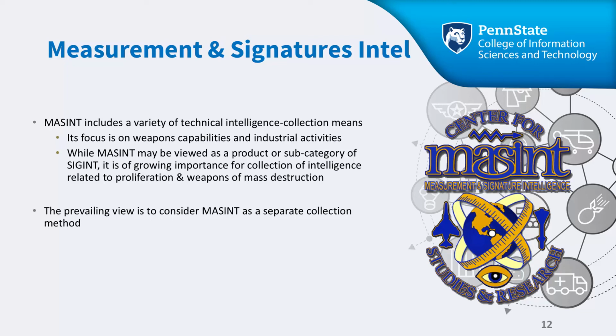So MASINT was used in the Cold War when fluids flowing out of a Soviet chemical plant were analyzed to try to determine whether they were making chemical weapons. Missile tests that cause disturbances in the atmosphere can be analyzed to see what type of missile is being fired and things like that. To a certain extent, some of the elements of MASINT can be viewed as a product of signals intelligence. It really is its own discipline and very important in the context of trying to detect the development of weapons of mass destruction.